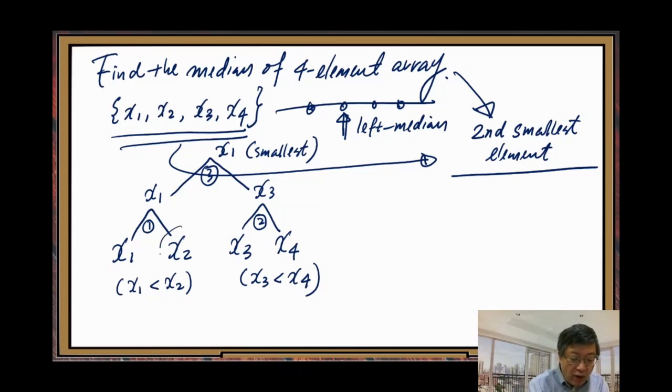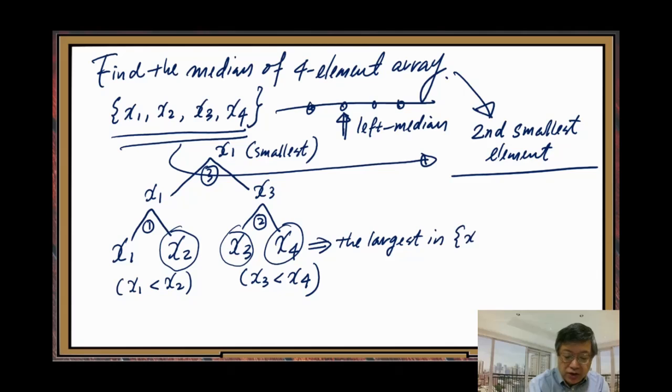That means we want to find one from x2, x3, and x4: not the largest, the smallest, right? Because we want the second smallest, so we take away the smallest. The smallest is gone.